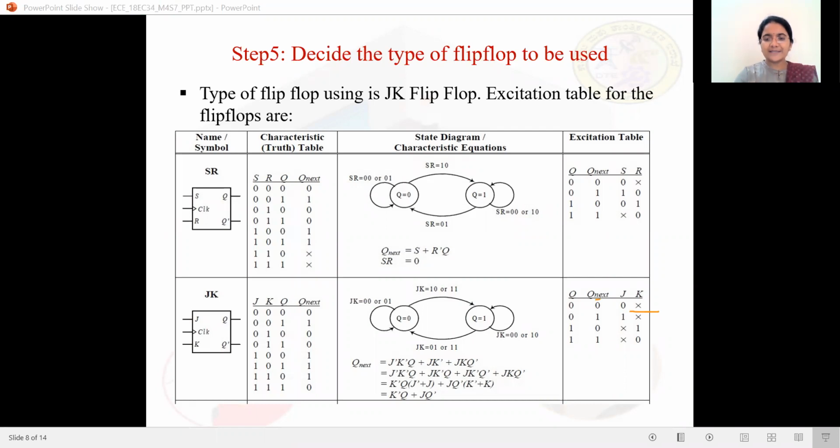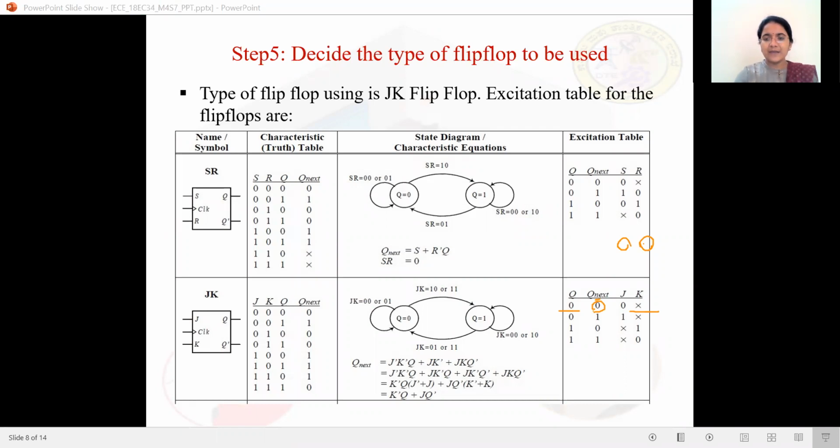If you are inputting 00 to the JK flip-flop, then whatever present state is there, it remains the same. So our inputs to the flip-flop will be 00.